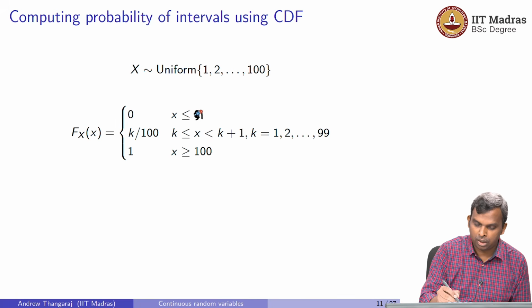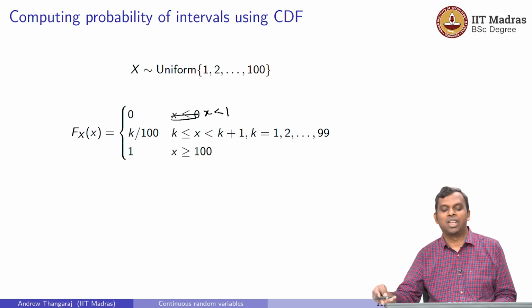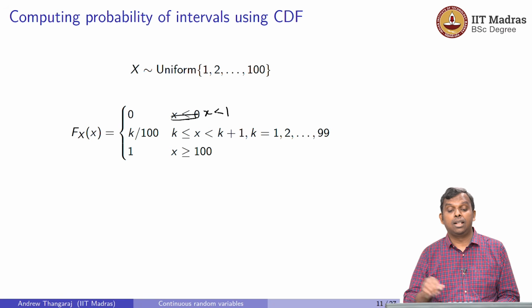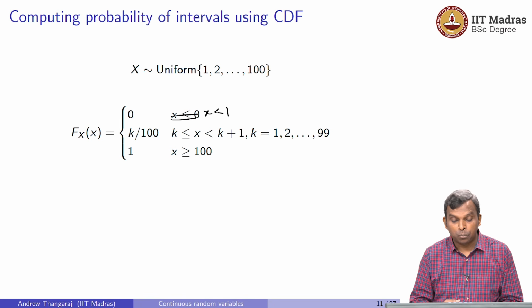This is wrong, so let me just cut this out and say if x is less than 1, that's correct. So if x is less than 1, then the CDF takes value 0, so that we can see easily.